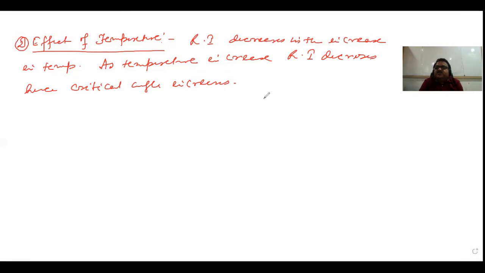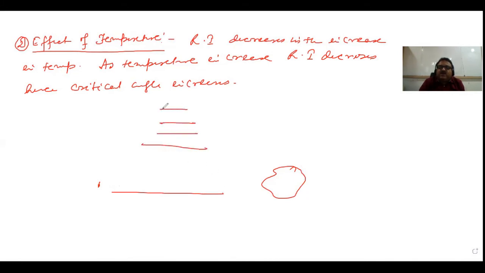In mirage formation, what happened? As we move higher and higher, refractive index decreases. Say, for example, there is a pond, and you are here in the desert. Since the layers of air, in different layers, as we move up, refractive index slowly decreases.